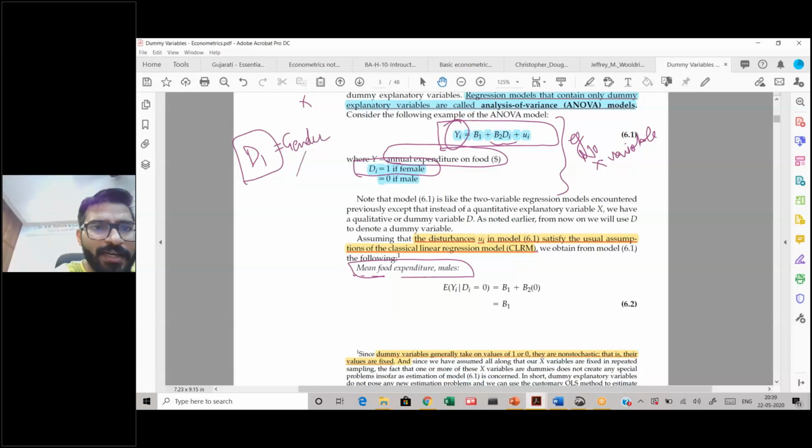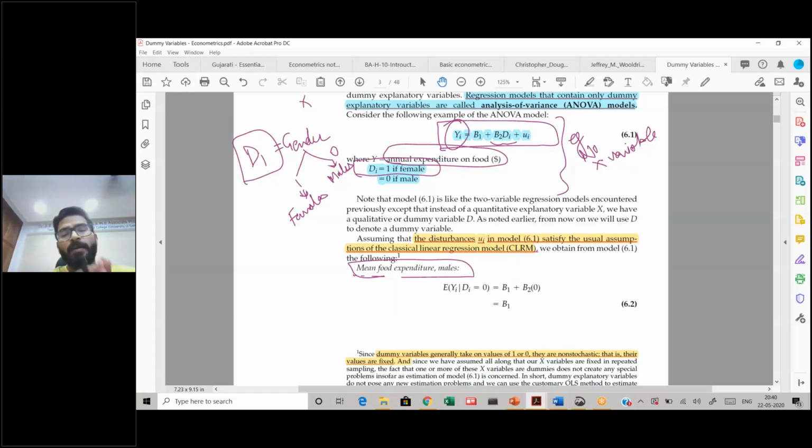This gender can take two values. We are taking a binary case, and we are not taking the other gender here right now. So it will take a value of 1 when you have considered the cases of female, and it will take the value of 0 when you have male.